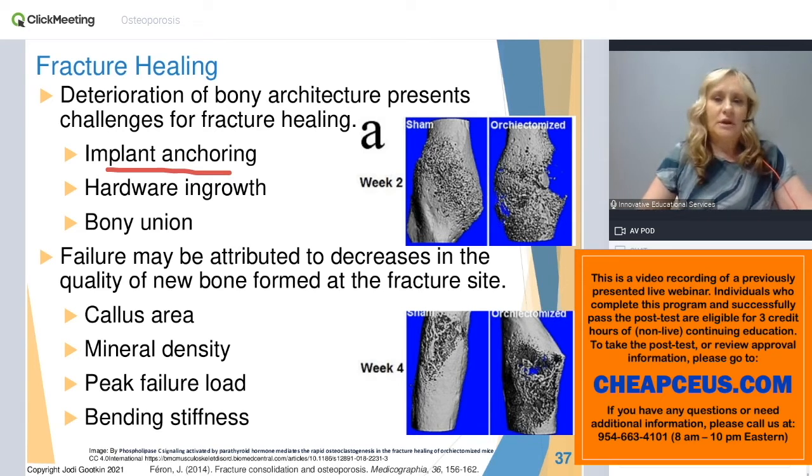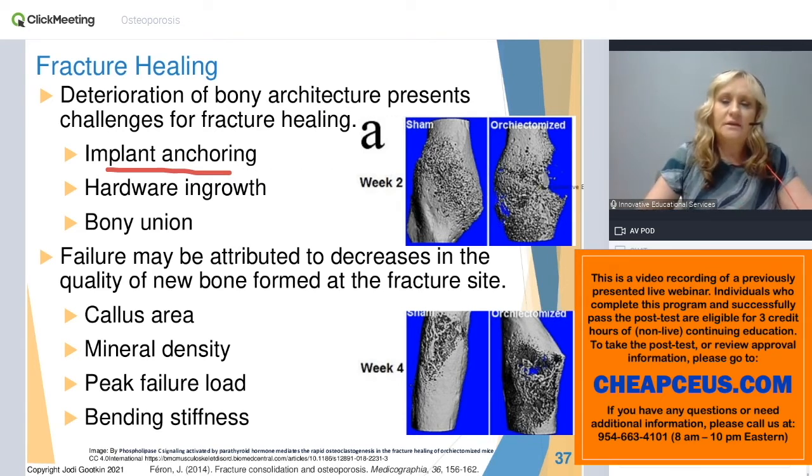The images that we're looking at here are simulations of a 3D scan of a bone fragment with and without osteoporosis. This is from an animal study, and when we look at the image on the left here, we see, compared to the top and the bottom, the healing that is occurring over time. We see good cancellous bone formation and good mineral density.